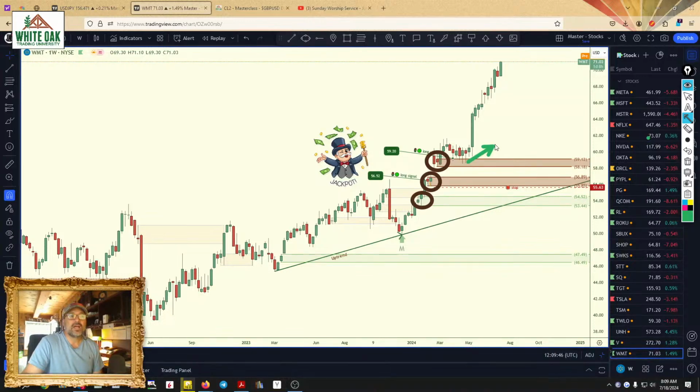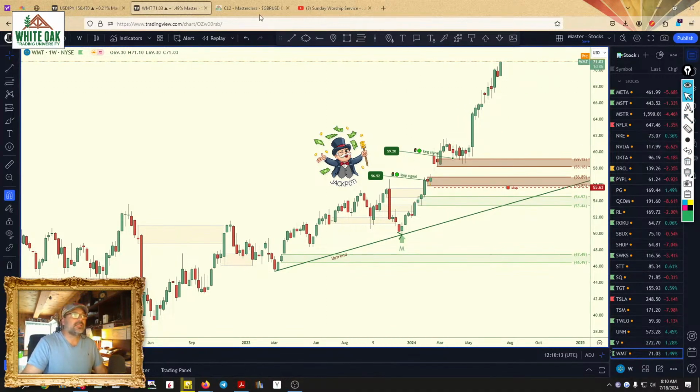Okay, price dropped, and it's been upside ever since. It did not pass the zone of buying. It did not go lower through this area of buying. This was where institutions were buying up the stock. We were able to locate this and have long signals based off of that. That was $59. We're at $71 on Walmart right now, okay?